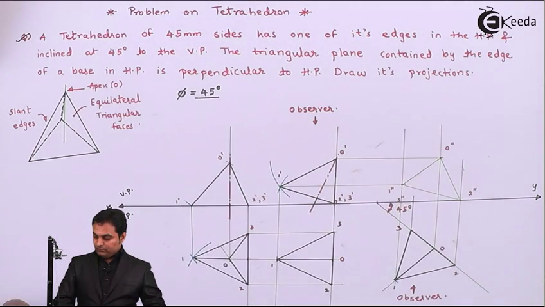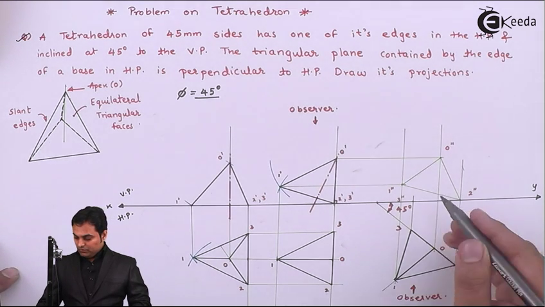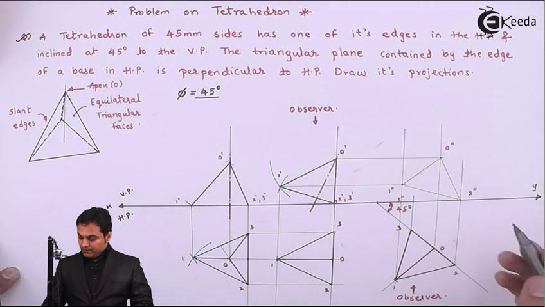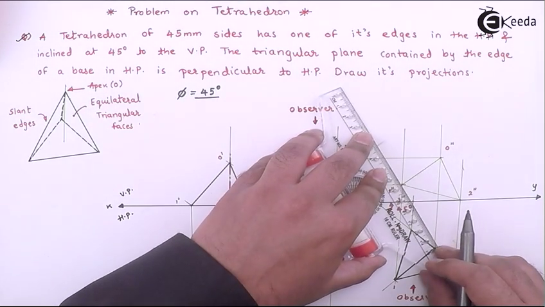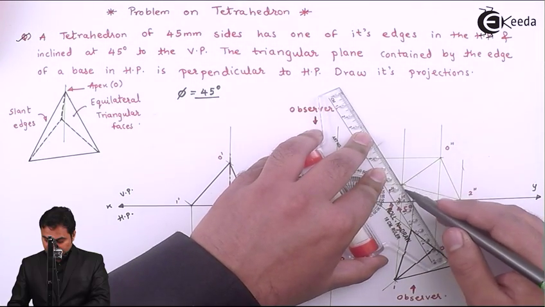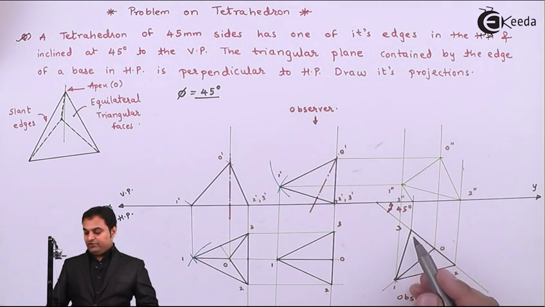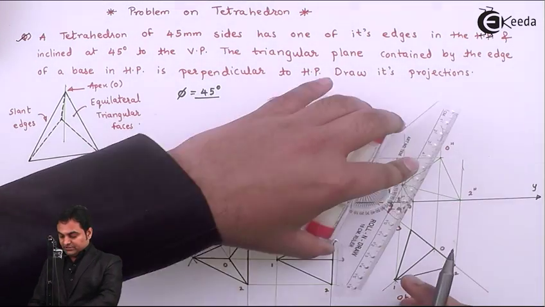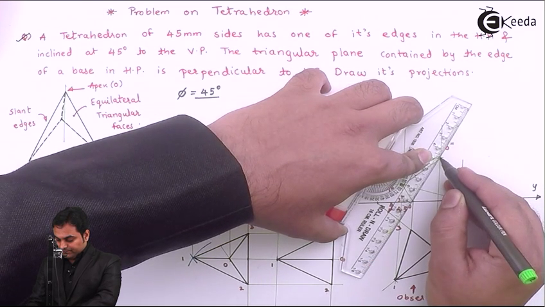After this, 1 double dash to 3 double dash will also be connected, since it is an outline. Next, if we see point 3, that is far away from the observer, so this point will be hidden, so connecting O double dash and 3 double dash with the help of a dotted line.